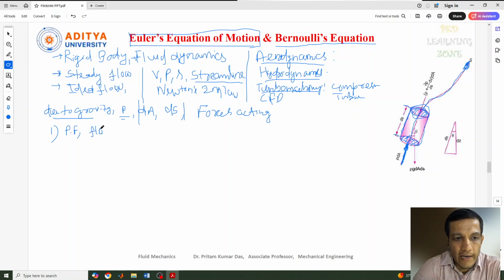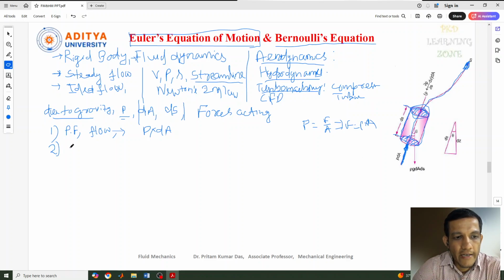We know that pressure equals force by area, so force equals pressure into area. Here area is the cross sectional area of the cylindrical object. So the pressure force in the direction of flow is P into dA. This is the cross sectional area of the fluid element.